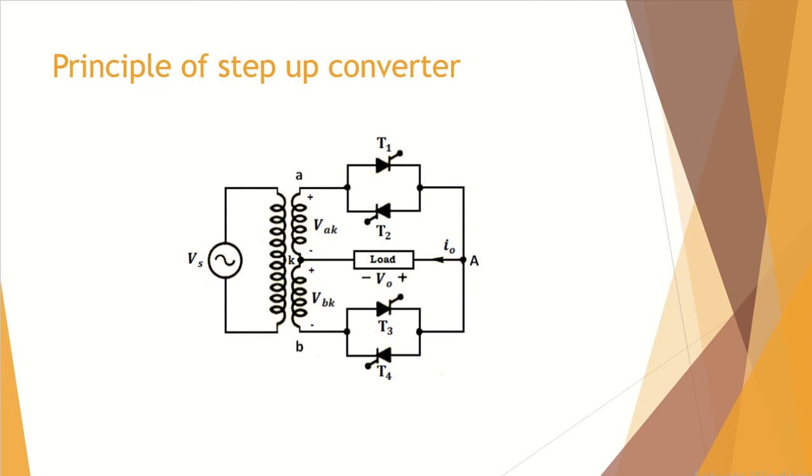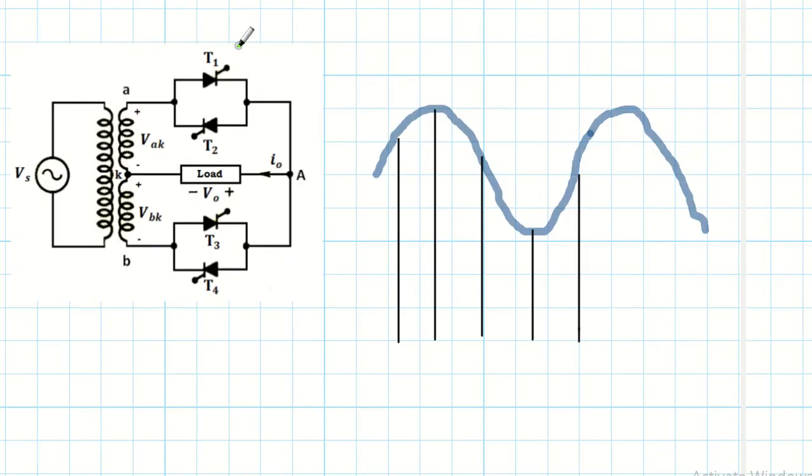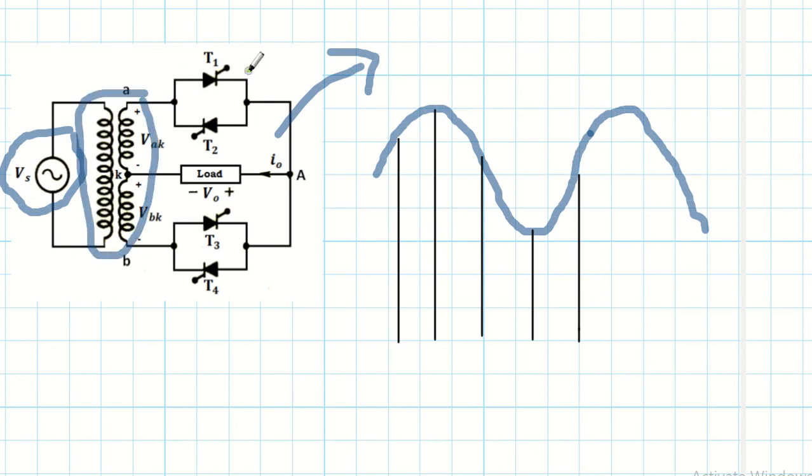So this is our step up cycloconverter. We have an AC signal over here. This configuration of transformer is known as the midpoint configuration or the center tap transformer. Here we have a pair of thyristors over here and a pair of thyristors over here.